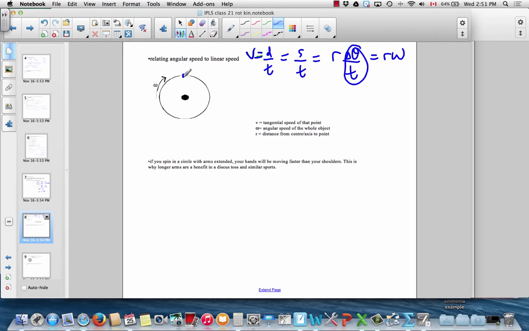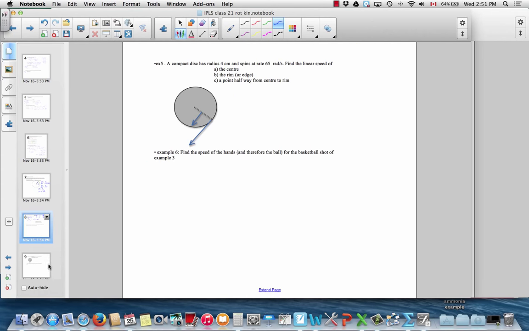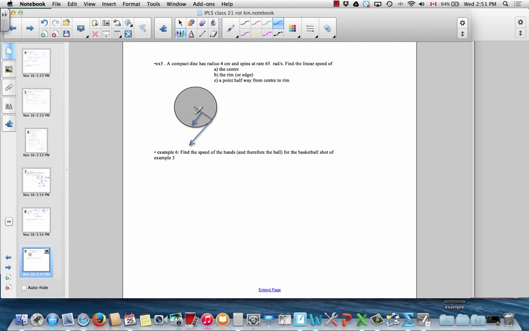So what we've got then is that the speed of a point on the rim depends on how far you are from the center of rotation and on the angular velocity omega. So just as your hands are actually going further than your shoulders, they're also moving faster than your shoulders. And that's why in sports we always talk about making full extension, say with a racket when we're about to hit a tennis ball.